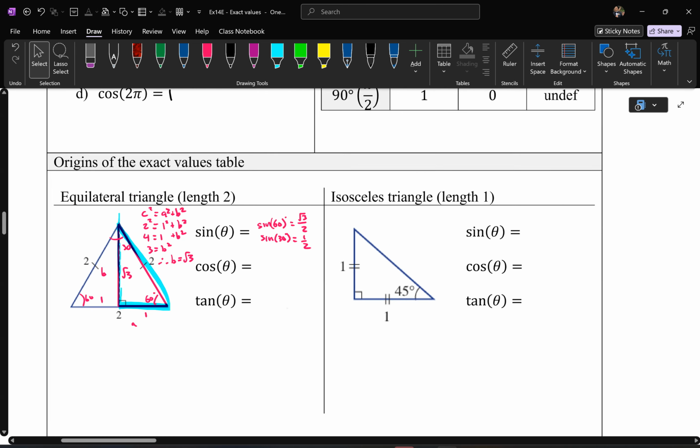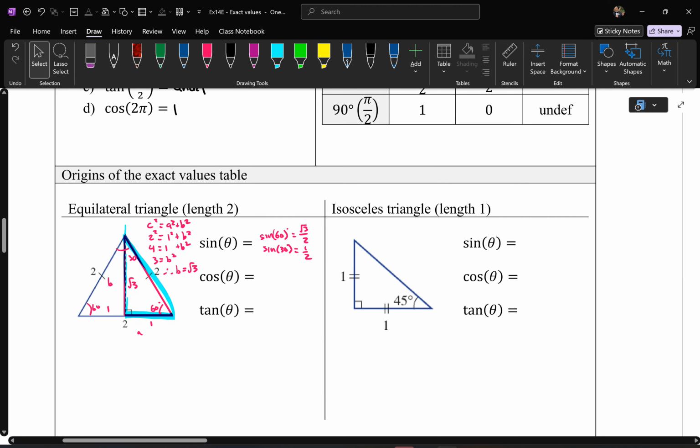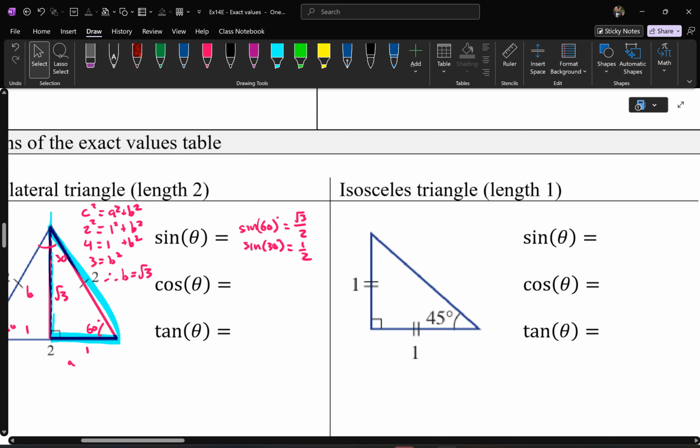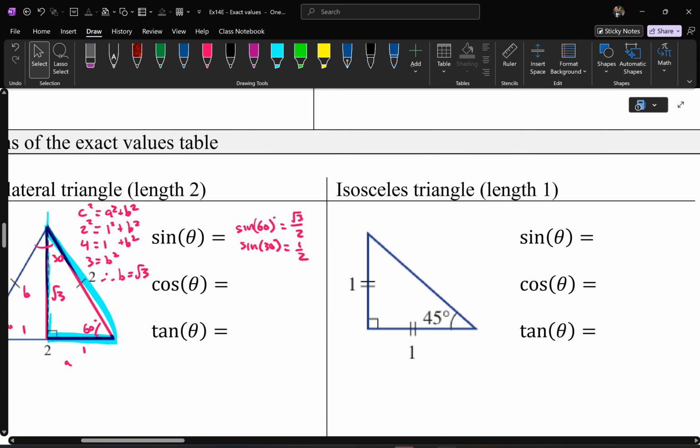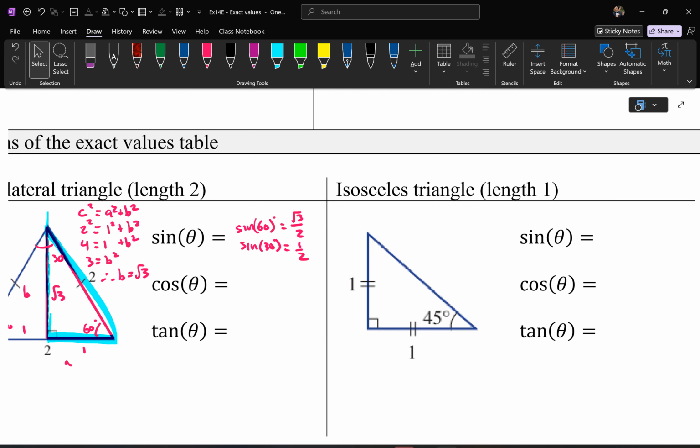Okay? All right. The isosceles triangle is the same thing. If that's 1 and that's 1, unit length of 1, 45 degrees here, then that must be 45 as well. Using Pythag, this should be root 2: 1 squared plus 1 squared, and then square root it. That's how they get sine of 45.